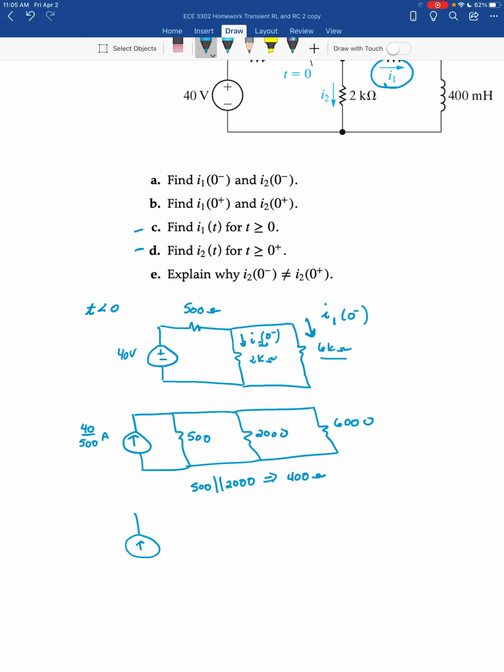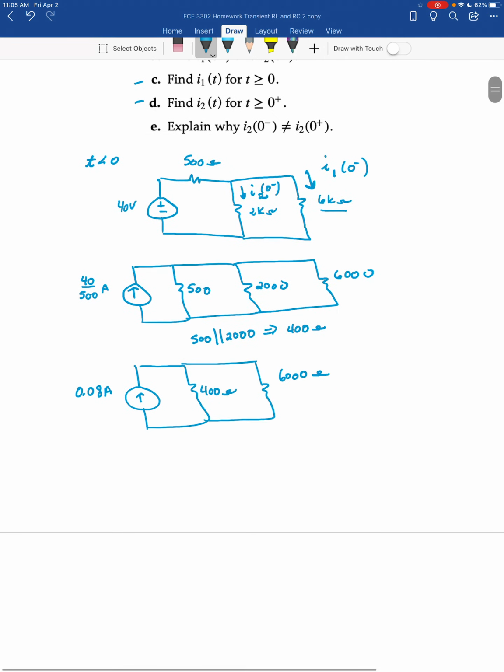So I have 0.08 amps, and that's going to divide between a 400 ohm and a 6,000 ohm.